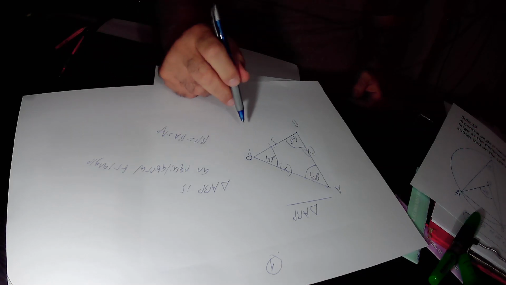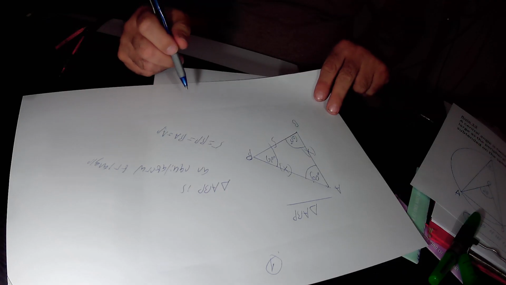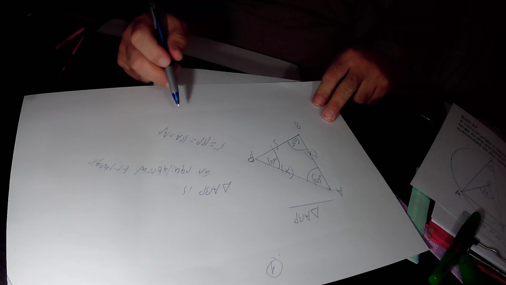BP equals 5, according to what is given in the question. And from this we derive that 5 equals BP equals BA equals AP.